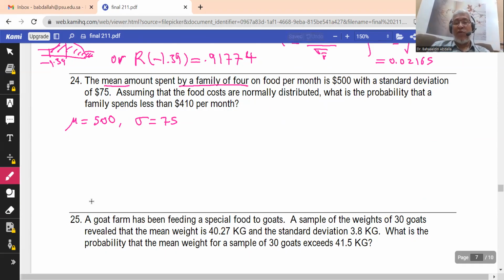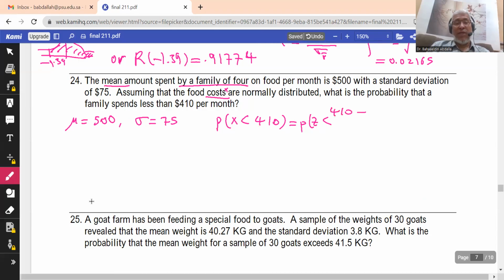Assuming that the food costs are normal, what is the probability that a family spends less than $410 per month? So the cost spent follows a normal distribution. If you call the cost X, he's asking about the probability of X less than 410. You change it to Z easily using the Z score.